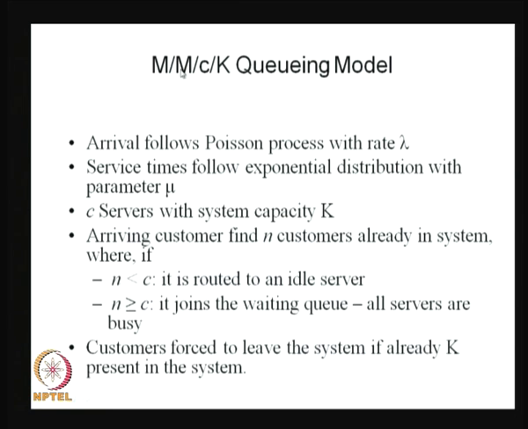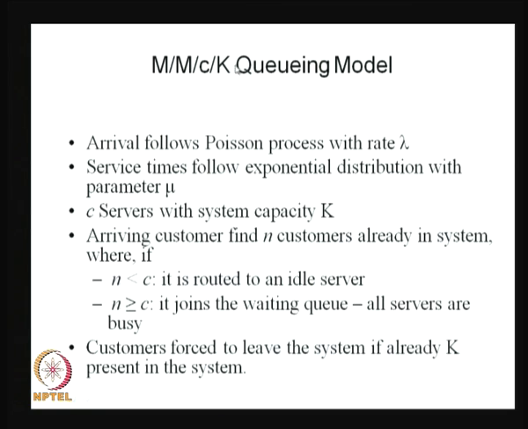But if the system is full, that means C customers are under service and K minus C customers are waiting in the queue, then whoever comes will be rejected and forced to leave the system. Therefore, you have waiting as well as blocking.